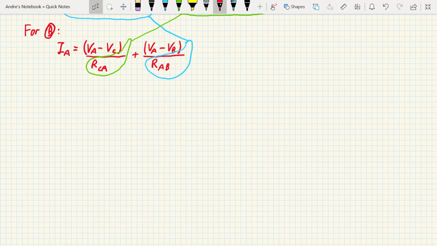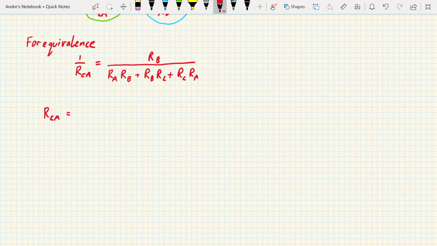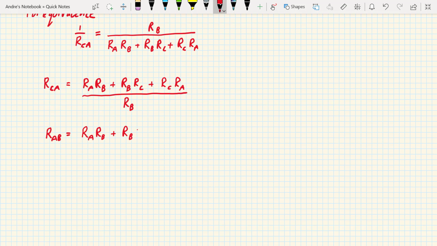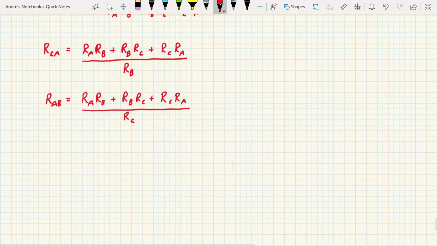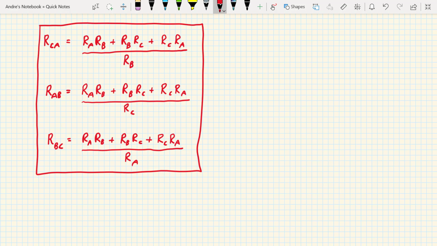So for example, we require that 1 over RCA is equal to RB over RA RB plus RB RC plus RC RA. Taking the reciprocal of both sides and applying that to all the other nodes gives you the expressions for RCA, RAB and RBC in terms of RA, RB, RC, such that the delta network is equivalent to the star network.